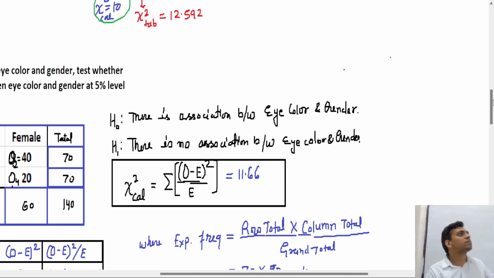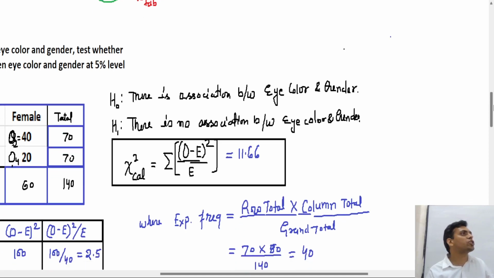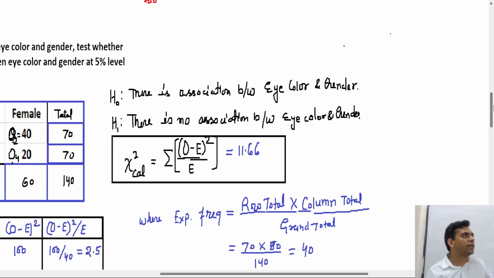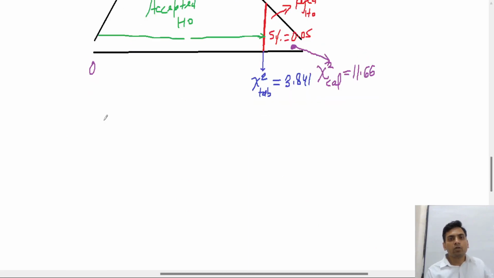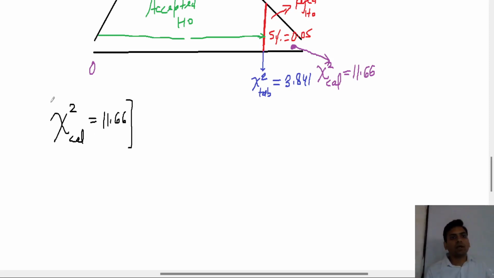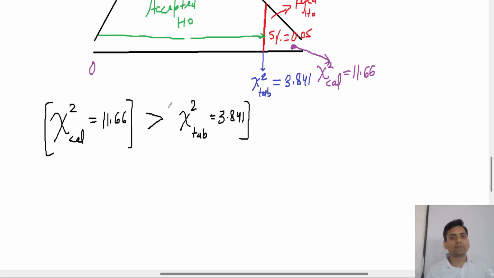So this means there is no association between eye color and gender. Listen once again. We have chi-square calculated, which equals 11.66, and this value is greater than chi-square tabulated, which equals 3.841.